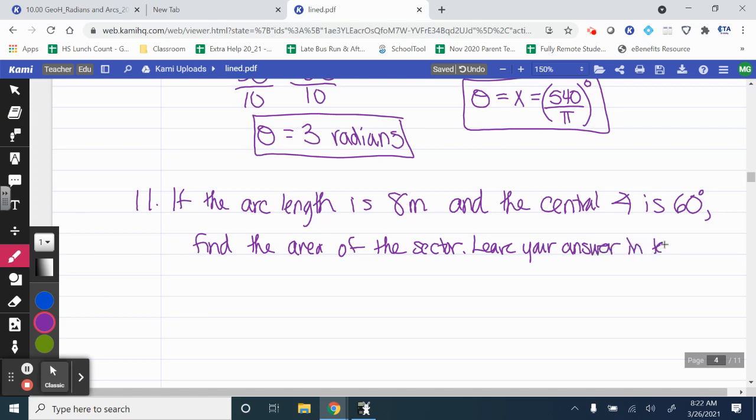In terms of pi. All right, pause your video and see what you can do on your own for this one first.